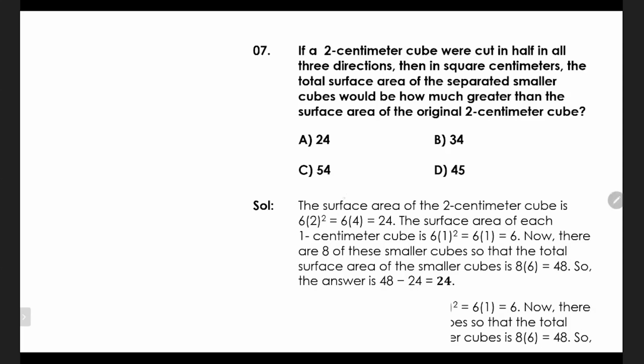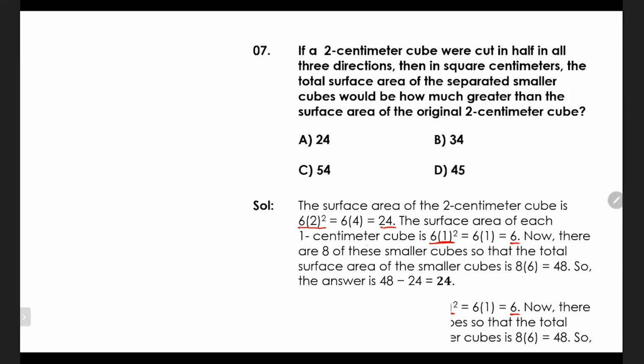See, now look at this. The surface area of the 2 centimeter cube is 6 into side square, that is 24. The surface area of each 1 centimeter cube will be 6 into 1 square. Now there are 8 cubes that we can get.